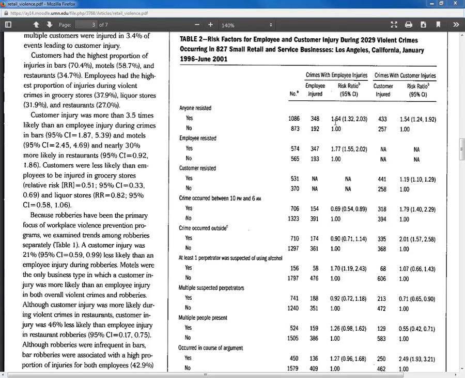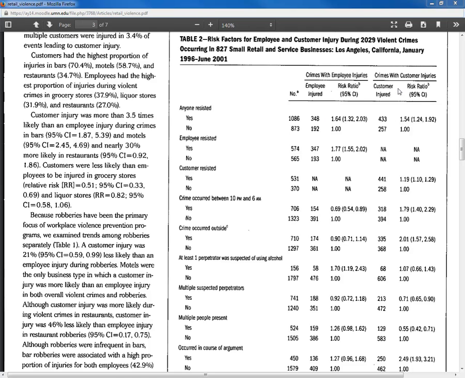So there is an increased risk of an employee getting hurt when there is confrontation and resistance to the robbery crime. Notice the confidence interval for the relative risk is entirely above 1. This is statistically clear that anybody resisting leads to increased employee risk in such cases.